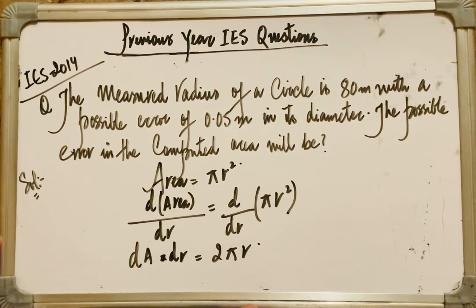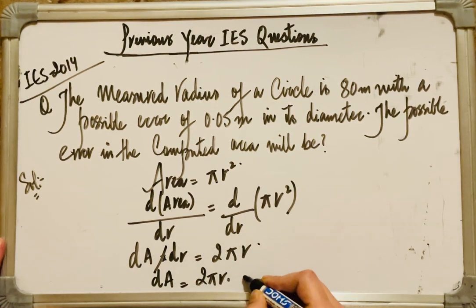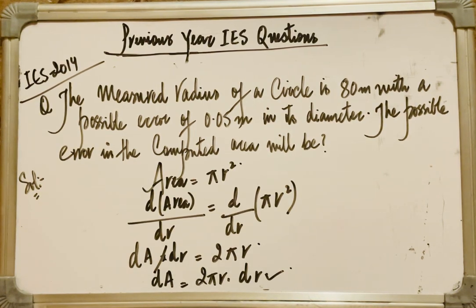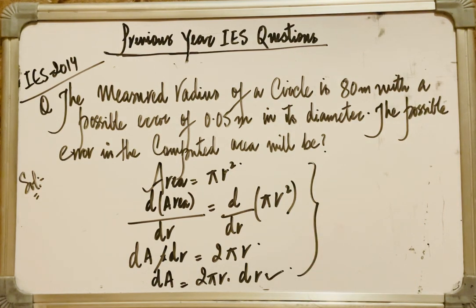Alright, so dA becomes 2 pi r dr. So I'll substitute the values and I'll get my answer.